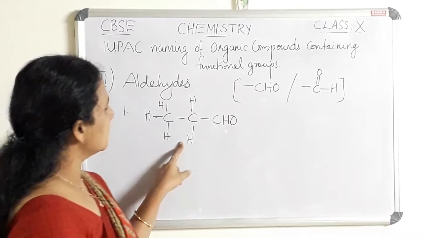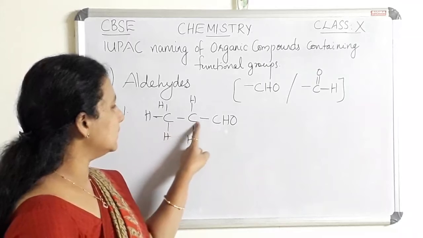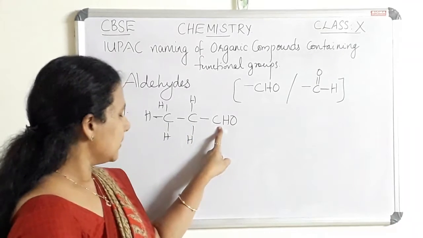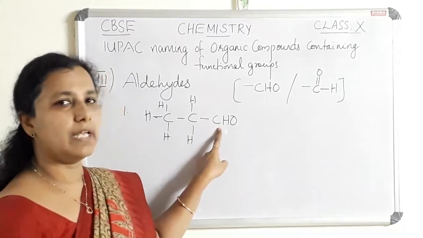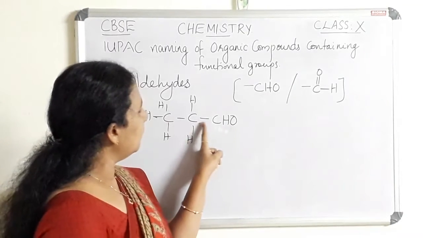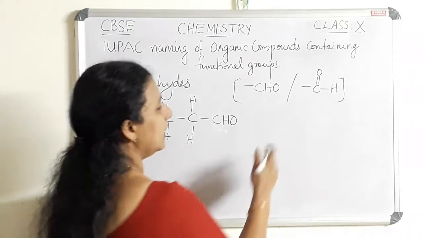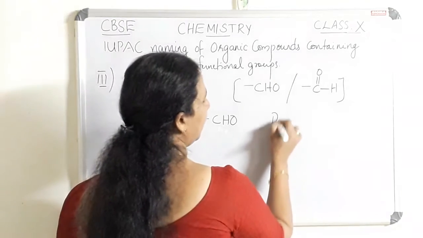In this case, we have to count the number of carbon atoms. Here there are 3 carbon atoms together. So we have to include the carbon atom of the functional group also. Then the number of carbon atoms here is 3. So find the parent alkane. It is propane.